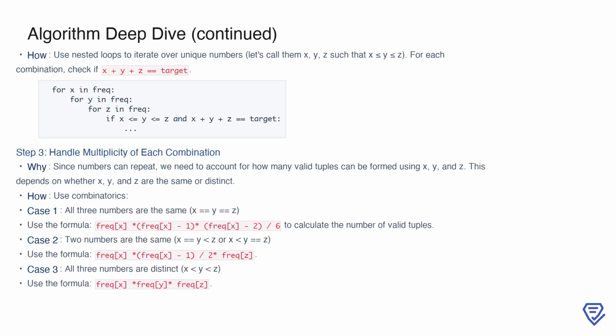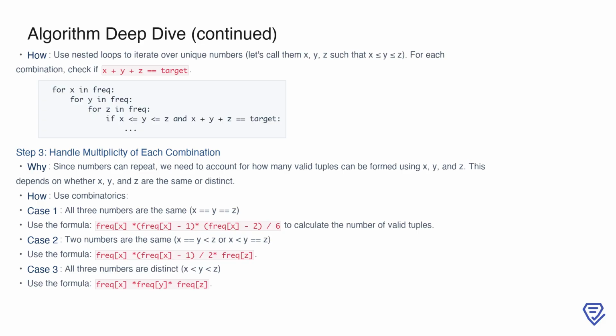Once we identify a valid combination, we need to handle the multiplicity of these numbers. Depending on the relationship between x, y, and z, we calculate the number of valid tuples using combinatorics. If all three numbers are the same, the formula freq[x] * (freq[x]-1) * (freq[x]-2) / 6 gives the count of tuples.